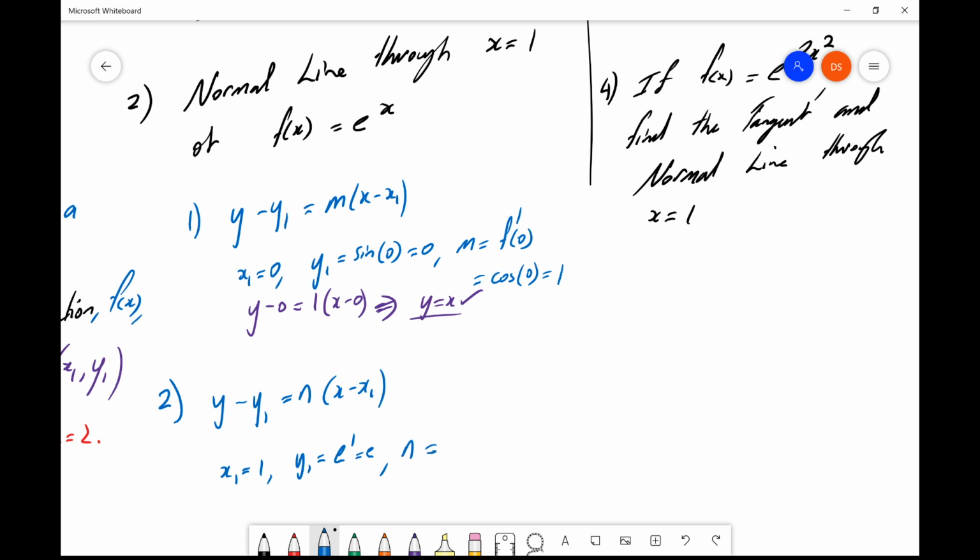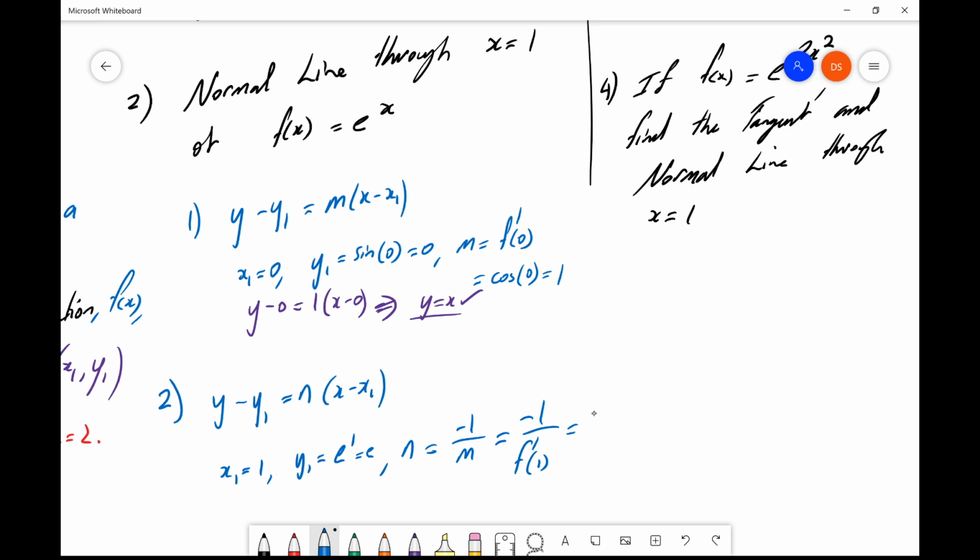n is equal to -1 divided by m, or -1 divided by f dash, and right over here, -1 divided by f dash of 1. And so what is the derivative of exponential?